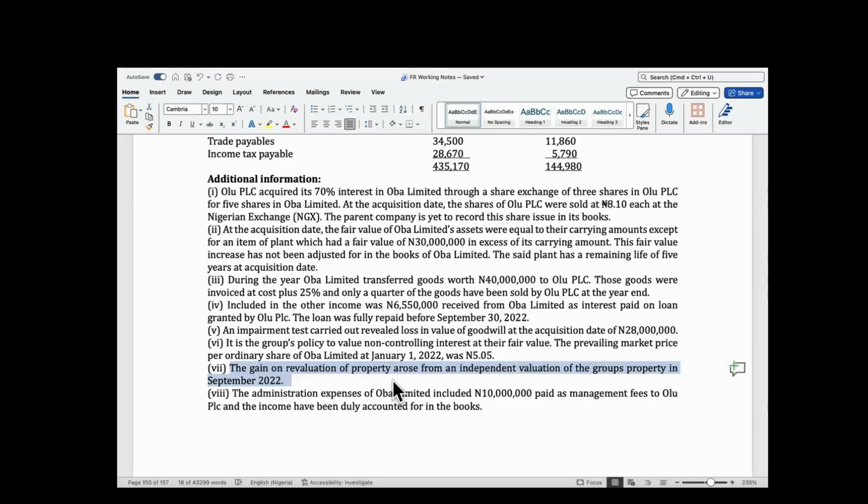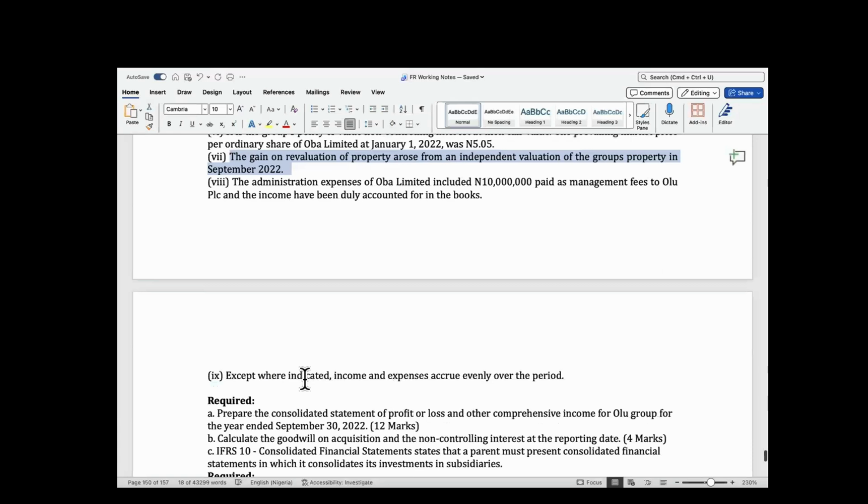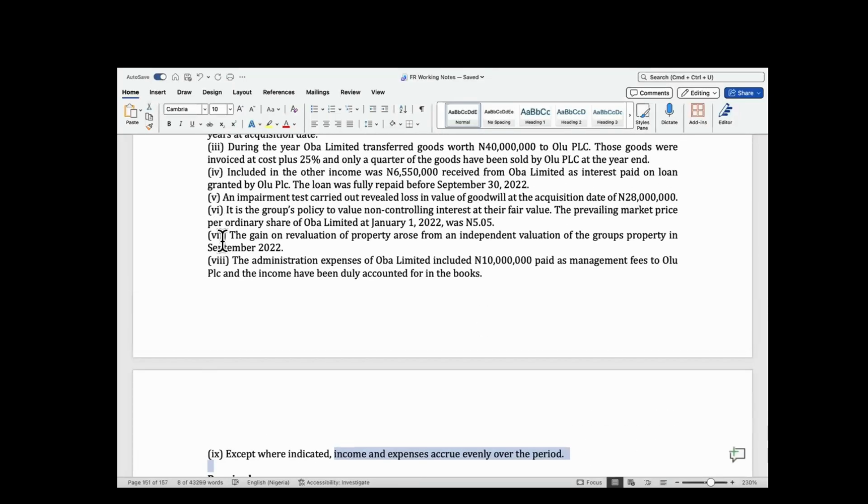Since it was determined at the end of the year, and except where indicated, income and expense are co-equally over the period. So even though the income was gotten as at September, it's still an income. Income is income.